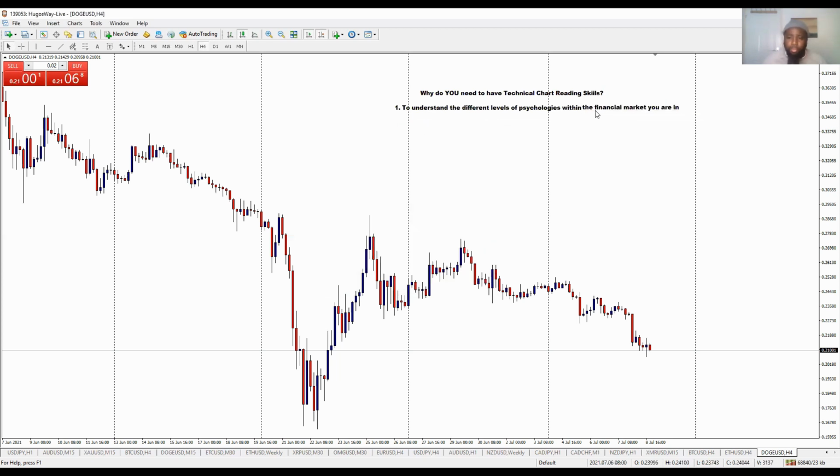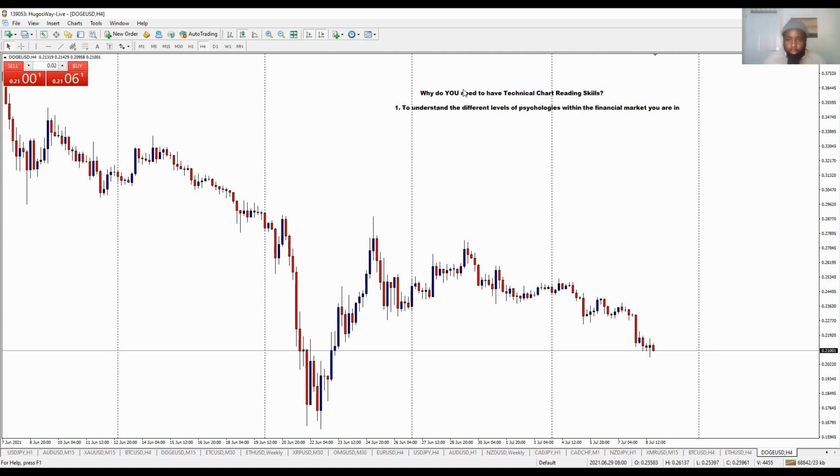So first thing is you want to understand the different psychologies within the market that you're in. Now, why is this important? Now, in each market, the topology is different. That's the best way I can call it, or the best terminology I can use to describe different crypto markets, for example, would be their topology. Same thing for Forex and for stocks.